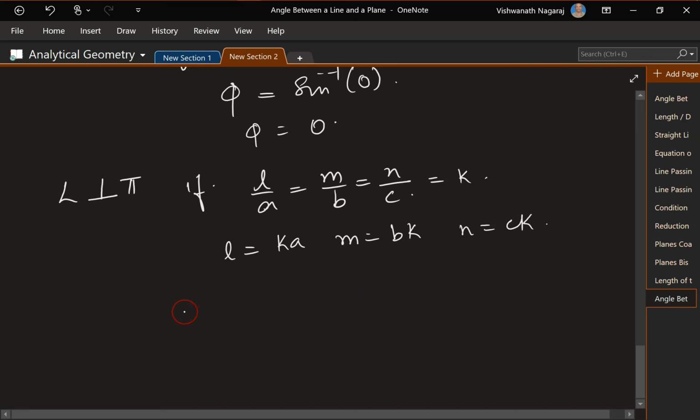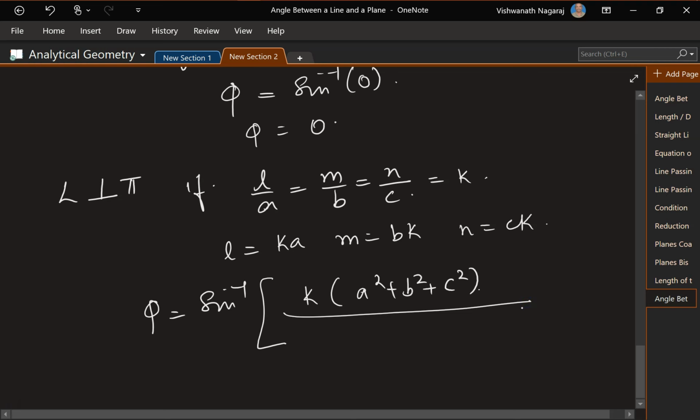Which means phi is equal to sine inverse of k times a square plus b square plus c square divided by square root of a square plus b square plus c square times square root of l square plus m square plus n square.